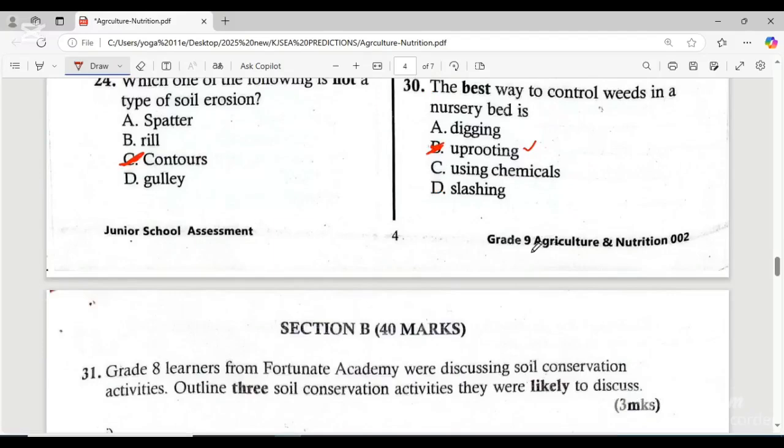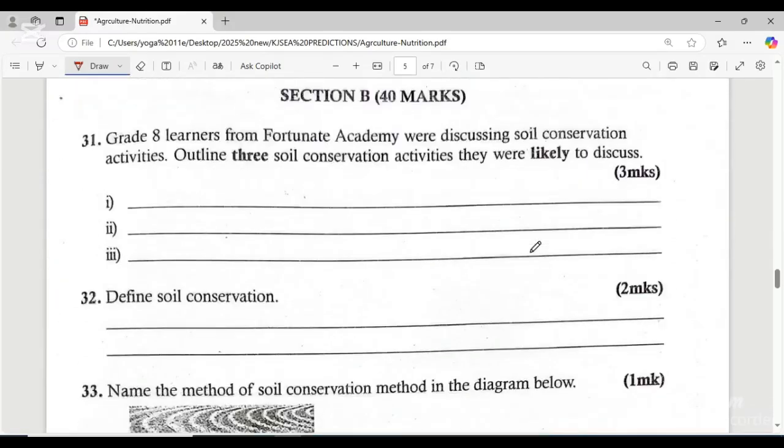Section B, which contains 40 marks. Grade 8 learners from Academy were discussing soil conservation activities. Outline 3 soil conservation activities they were likely to discuss.